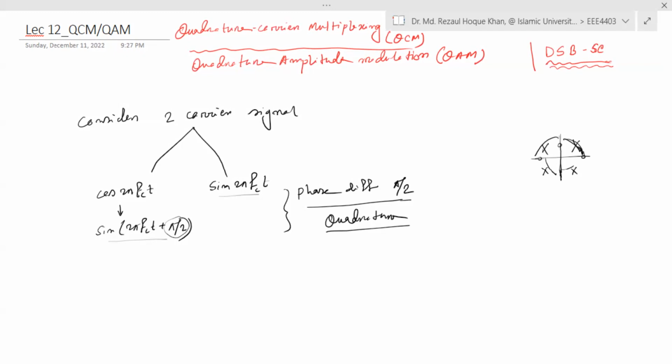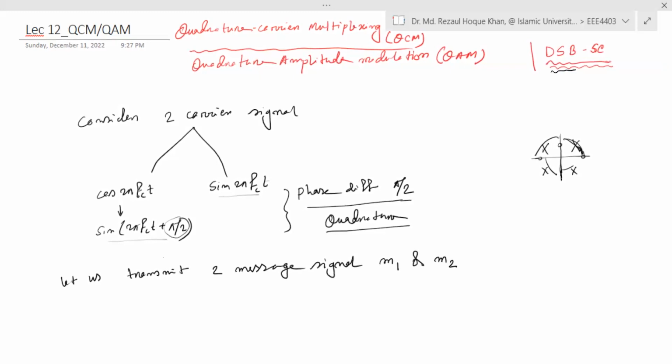Let us say we want to transmit two message signals, M1 and M2.